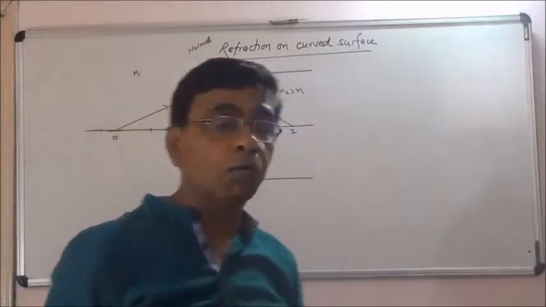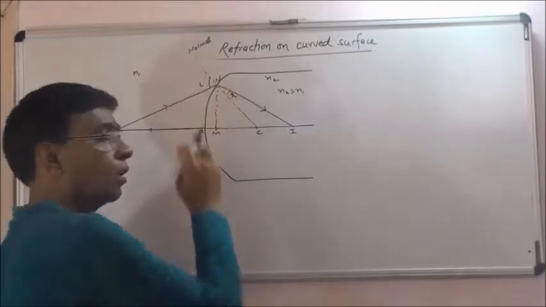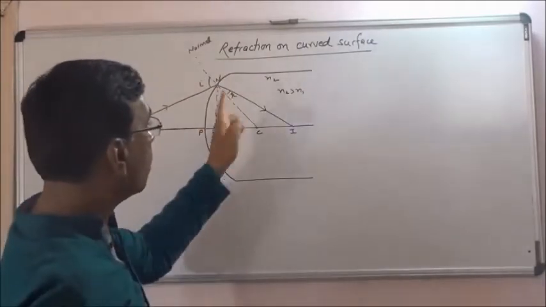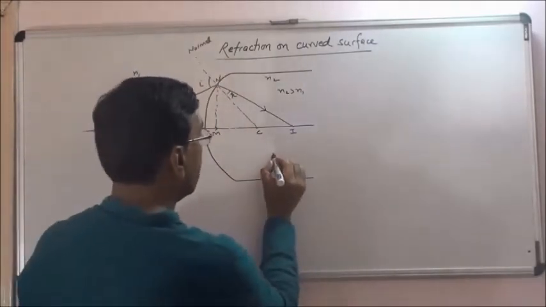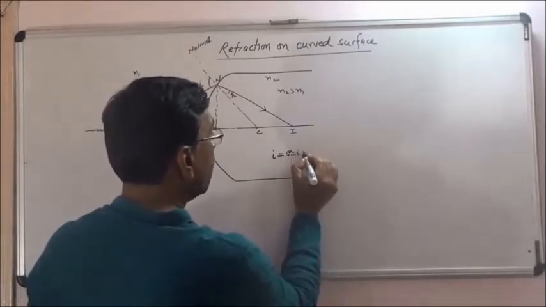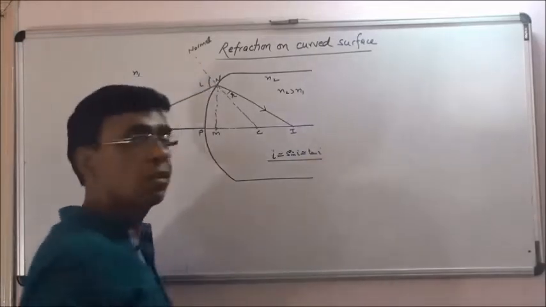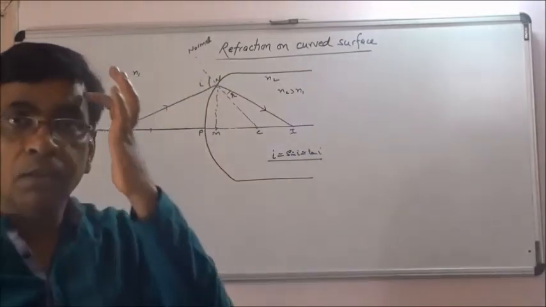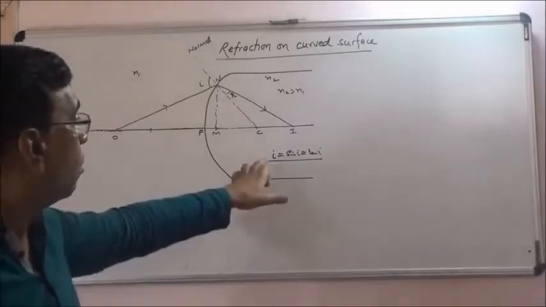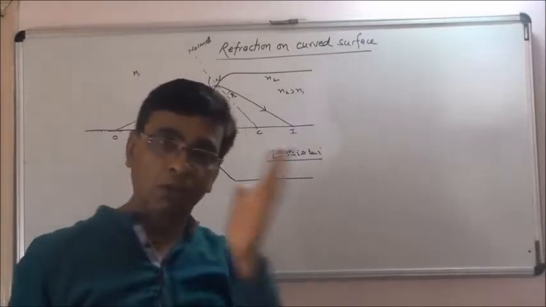I and R are very small, so if this point comes very close here, then this angle will be very small. Basically, we will take I as sin I and this as equal to tan I. For small angles, sin I equals I, tan I also equals I, sin 0 is 0, tan 0 is also 0.